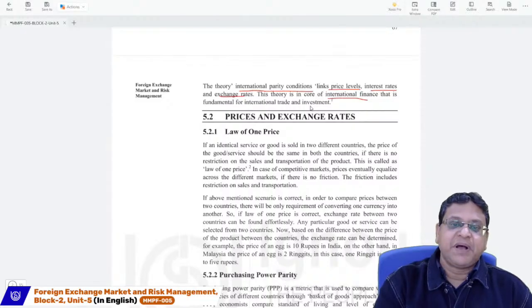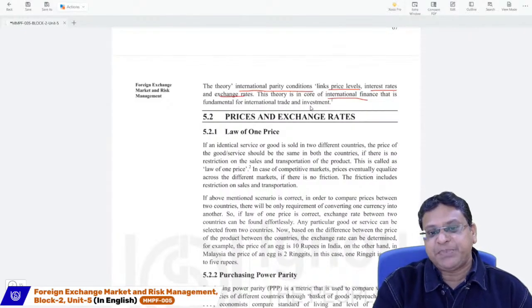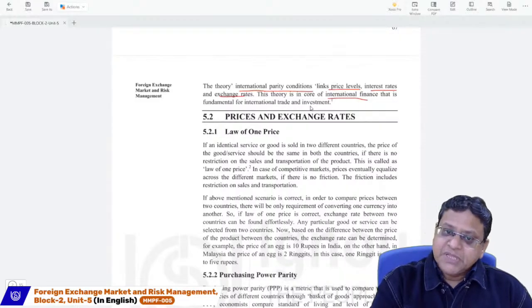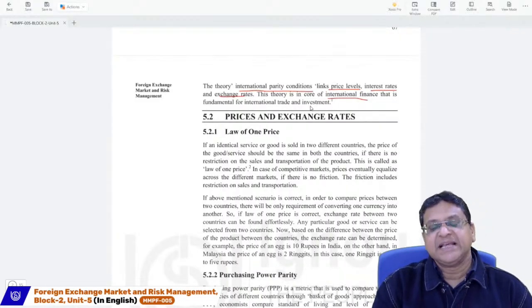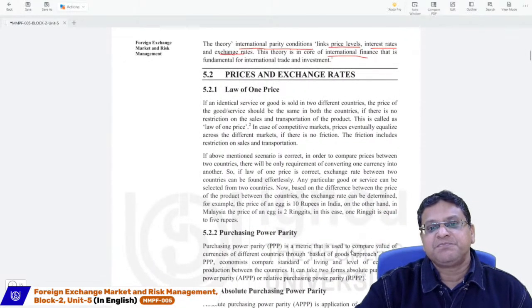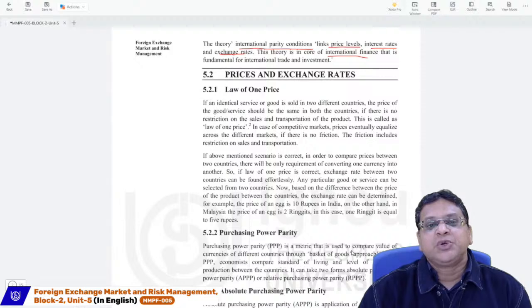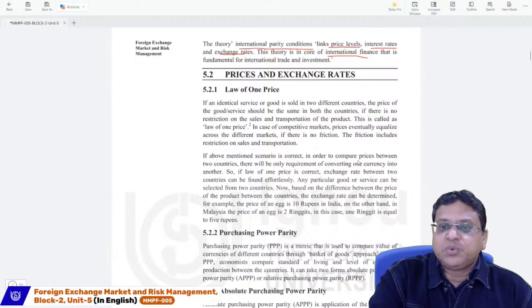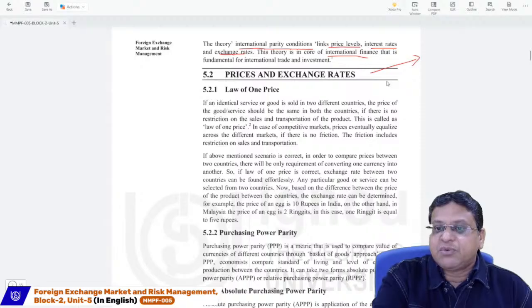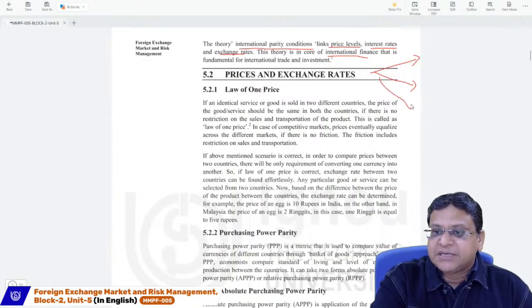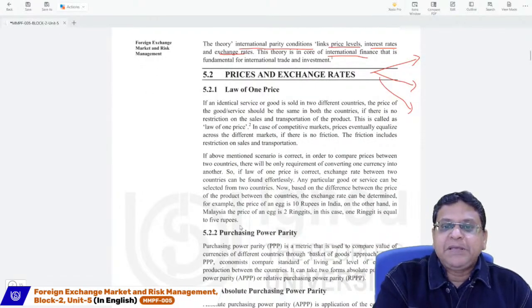In this context, first we will discuss the relationship between inflation rate and exchange rate, that is price level changes and exchange rate. What is the relationship between price level changes and exchange rate? In this context, we will study two important laws. First is the law of one price, and second is the PPP theory.